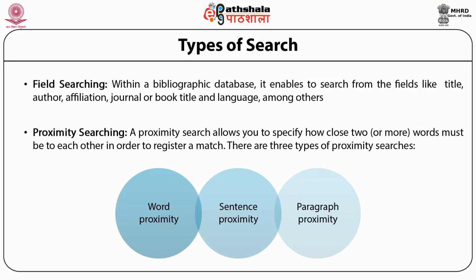Then coming to the sentence proximity. A sentence proximity search allows you to search for terms which fall within the same sentence. Unlike word proximity, which requires you to specify a range for the search, sentence proximity requires that all terms in the search be found in the same sentence.